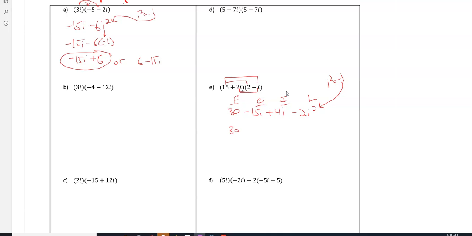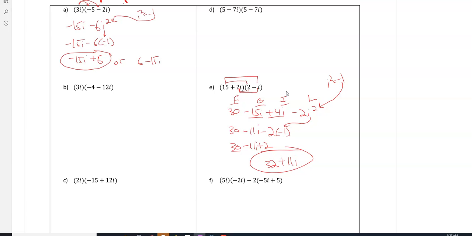So I got 30, and then -15i plus 4i is -11i, minus 2 times -1, plugging that in for i squared. So this ends up being 30 minus 11i plus 2. So my final answer, 30 plus 2 is 32, minus 11i, and that would be my final answer.